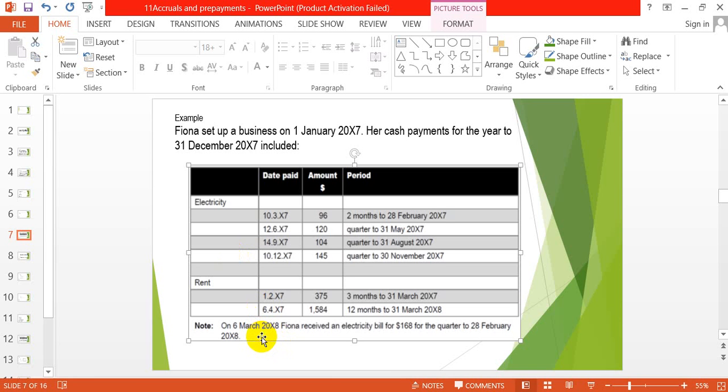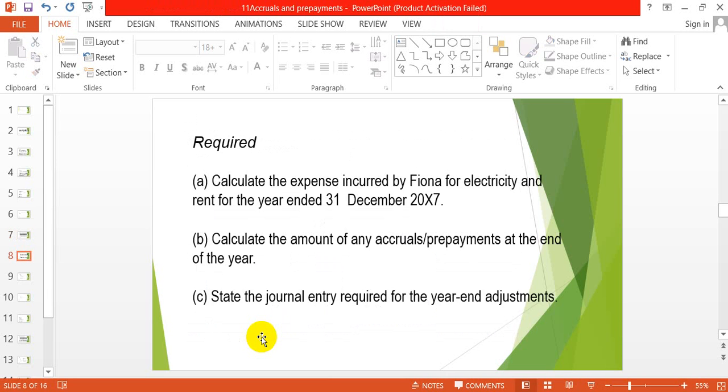Quarter to February x8 will start from December, January, February. The December is part of x7, so we need to accrue 1/3 of the 168 to December.